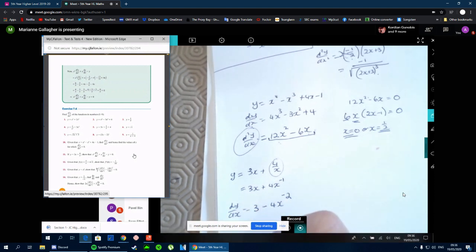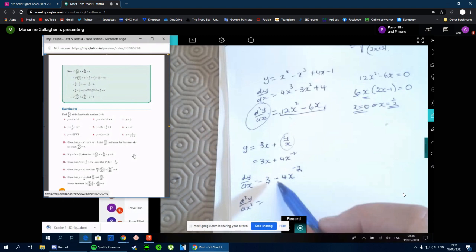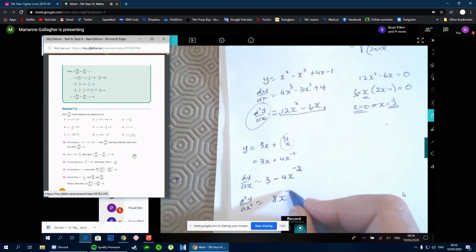It's not 0. Subtract 1. Then you do it again, d2y/dx squared. The constant disappears because you've x to the power of 0, so 0 times 3 is 0. Then you bring down this, so you've got minus 4 by minus 2 is plus 8x, and this minus 2 minus 1 is minus 3.